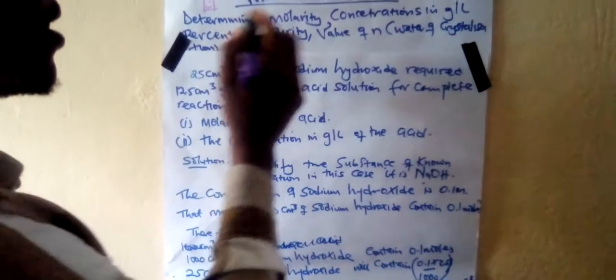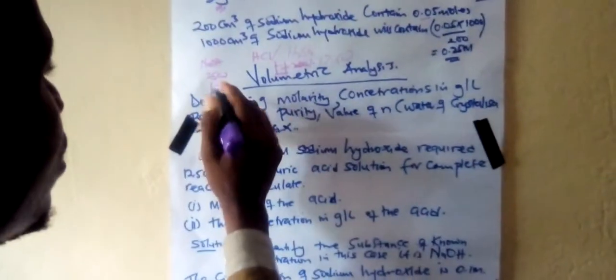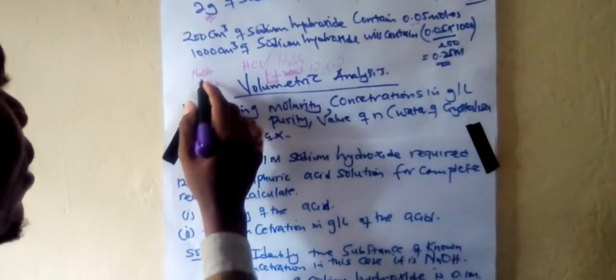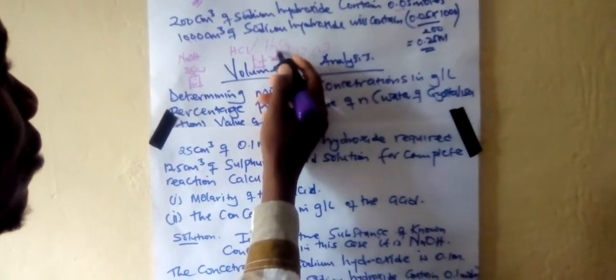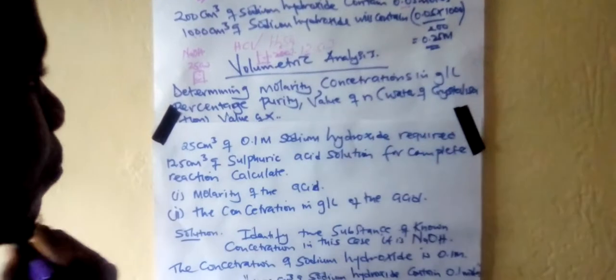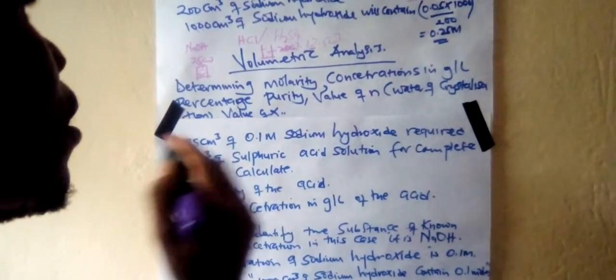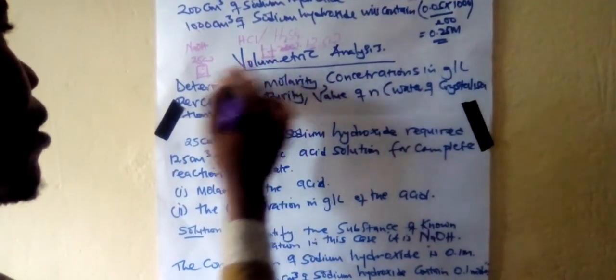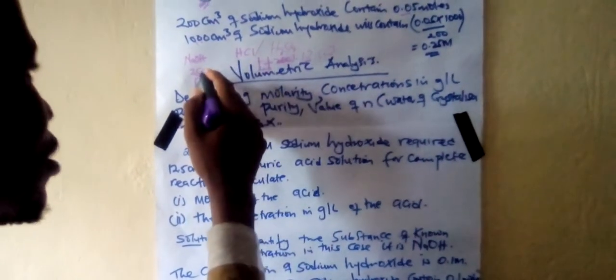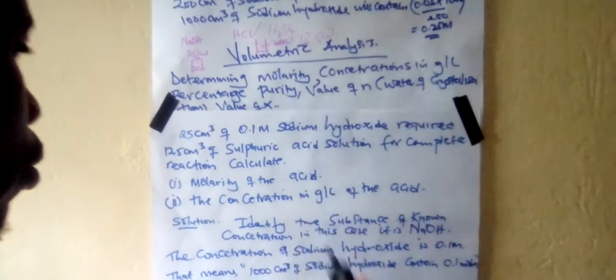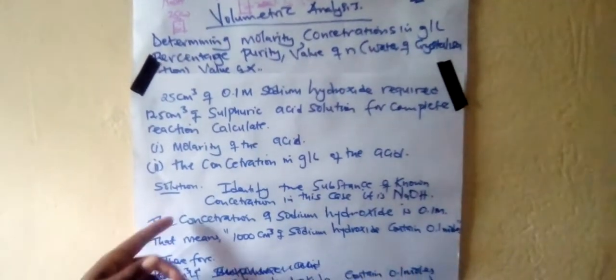So it implies that if you had two substances, sodium hydroxide was 25 and the other substance, sulfuric acid, is 12.5. When you combine the two for complete neutralization, this 25 required that. So we are going to compare the volumes.